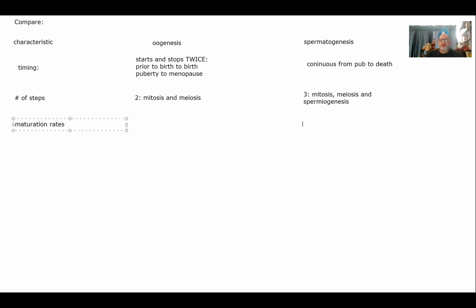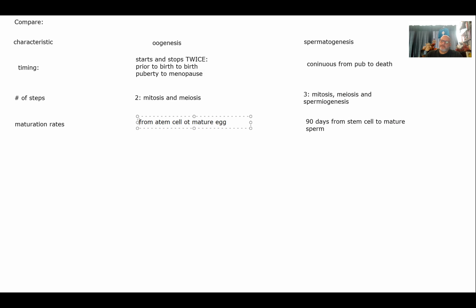Excellent. So sperm take 90 days from stem cell to mature sperm. 90 days. How long do they take in women to go from stem cell to mature egg? 28 days? 14 days?